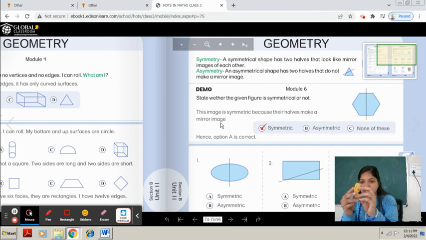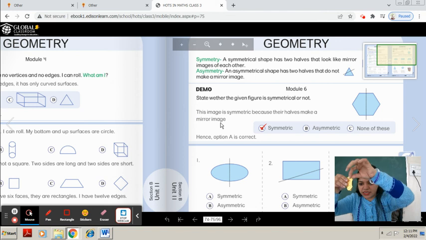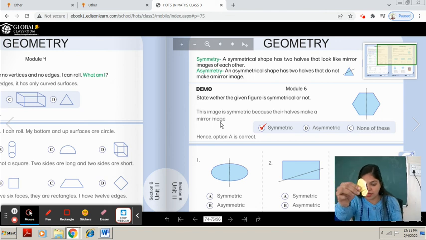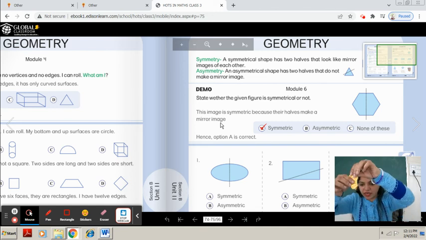Now you can see, students, one half completely covers the other half. One half means half part. So, this is the example of a symmetrical shape.